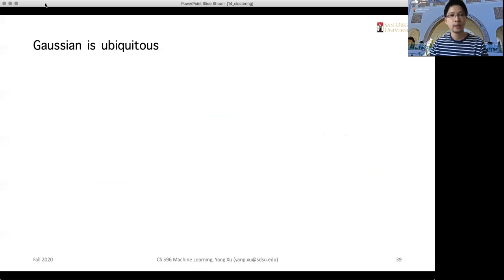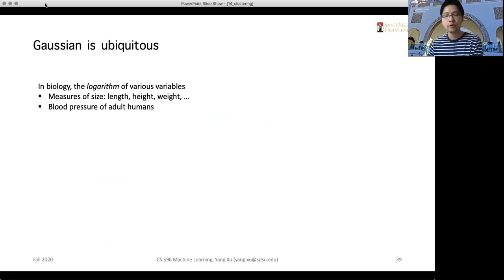Okay, all right. So Gaussian distribution is ubiquitous. We can find it almost everywhere in statistics. So in biology, generally speaking, the logarithm values of a lot of variables are in a more or less normal distribution.